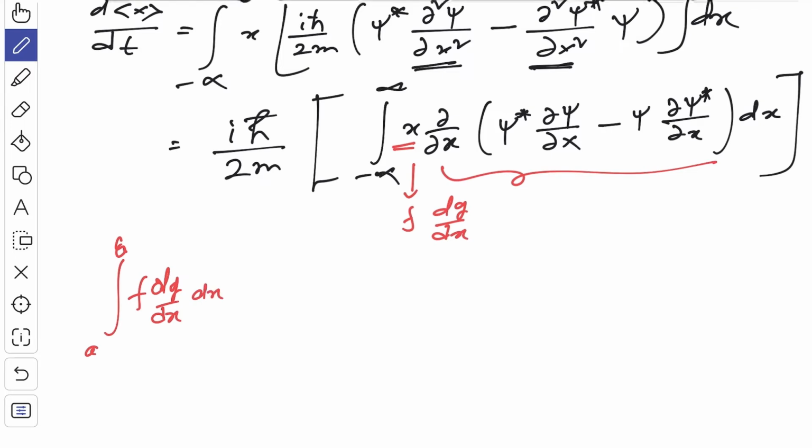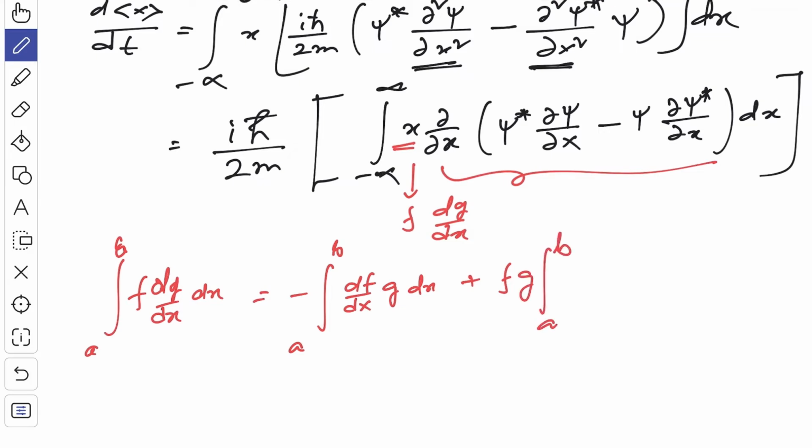If you apply this rule, it gives minus the integral from a to b of df by dx times z, dx, plus f z evaluated from a to b.